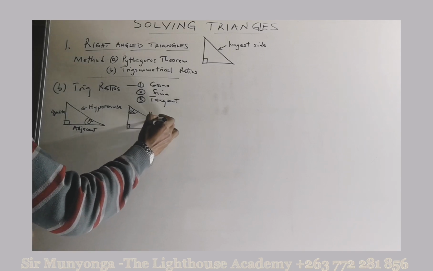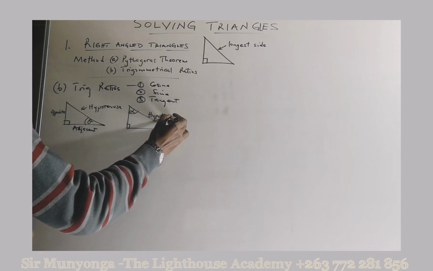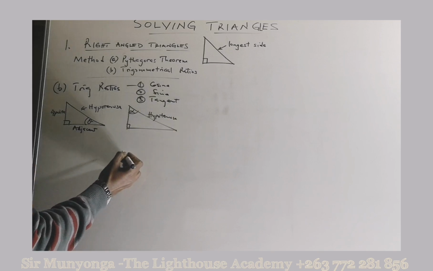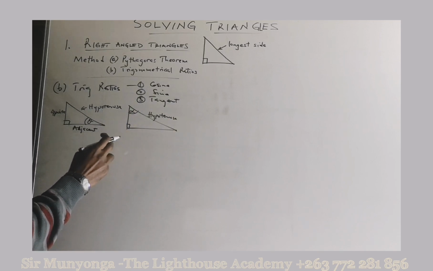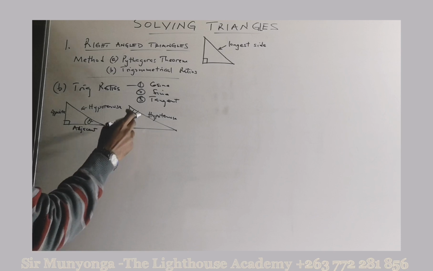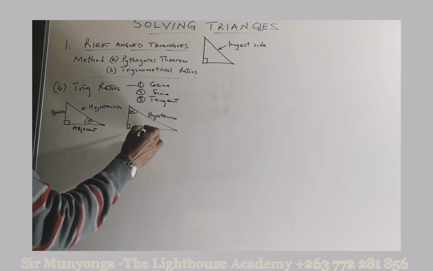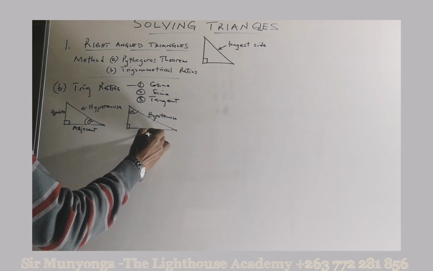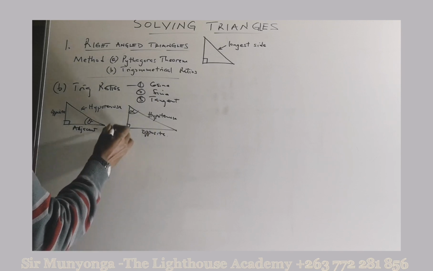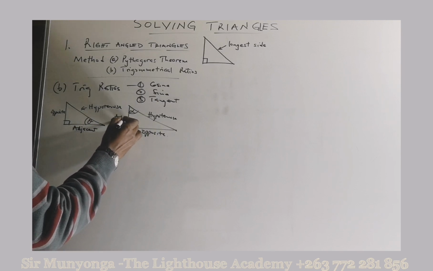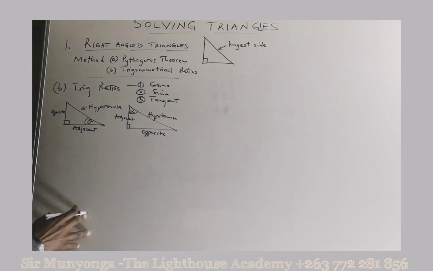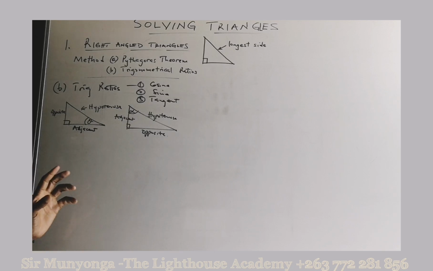The hypotenuse remains the same, but now the opposite side is different because the angle is now different. So the adjacent and opposite sides always change depending on the given angle.